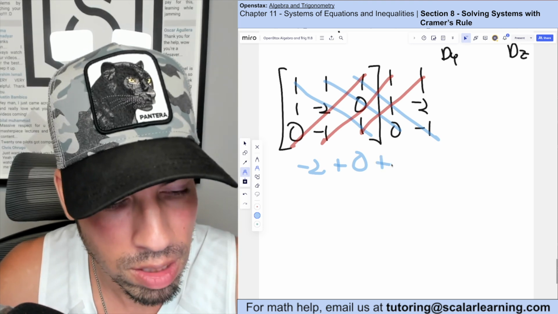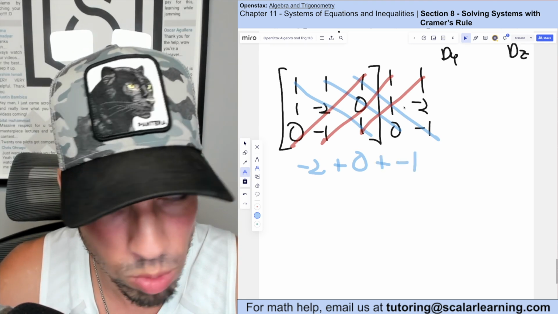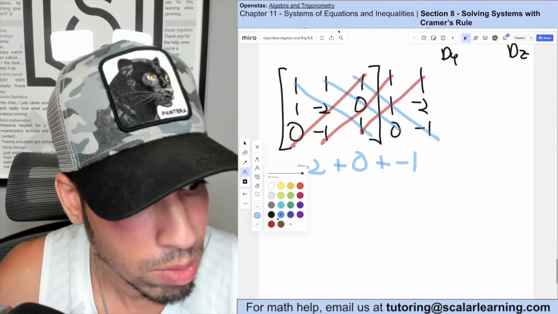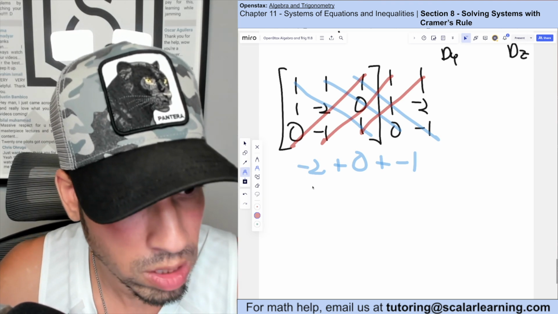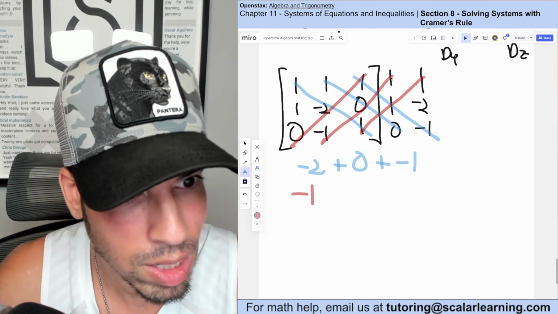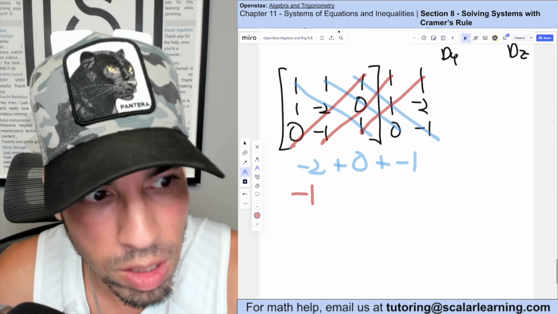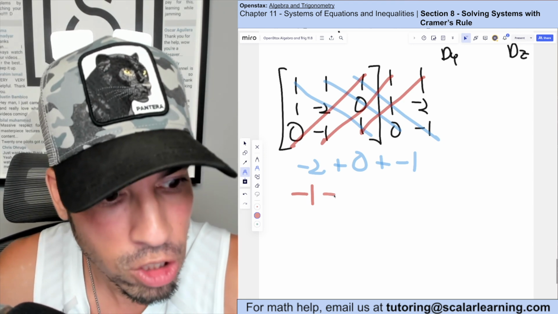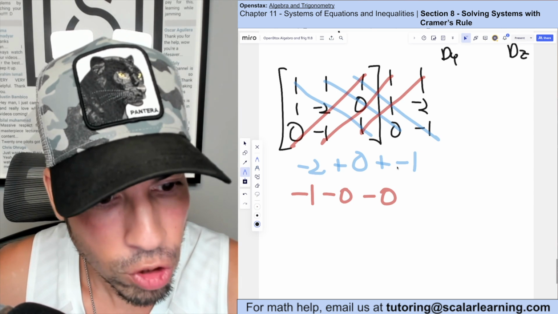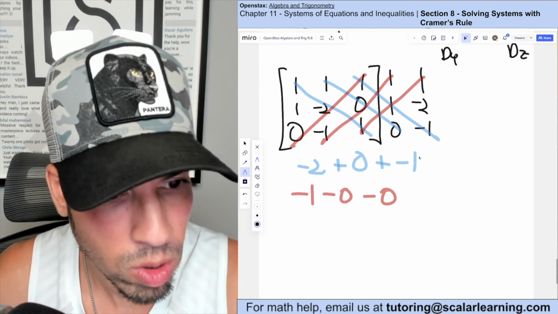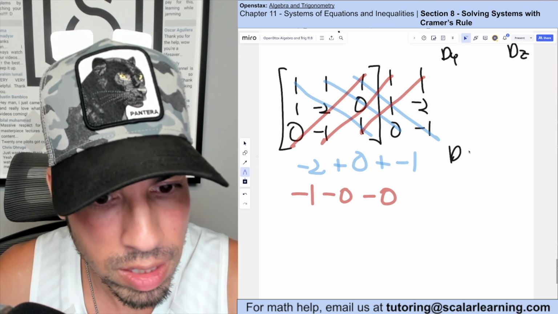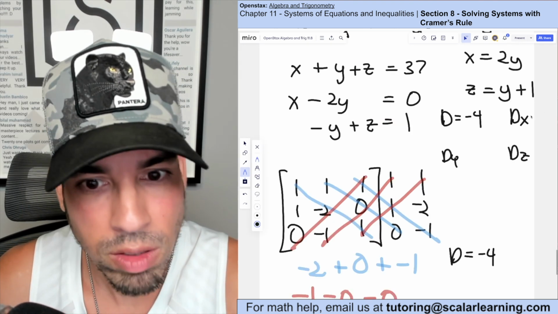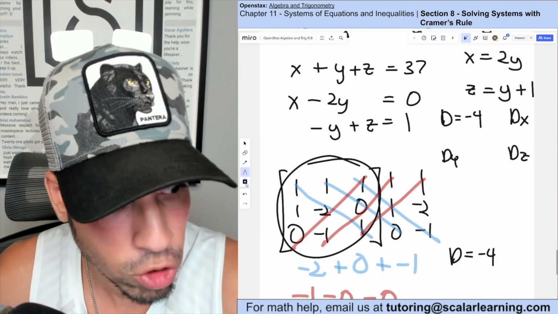And then we have plus -1, because 1 times 1 times -1 is that. And now we got the reds. 1 times 1 times 1 is 1, but we're minusing it. And then we got a 0 and a 0. Again, 0 and a string of numbers being multiplied, it's just going to zero it out. So we got -2 minus 1 is -3 minus 1 is -4. So D is -4.